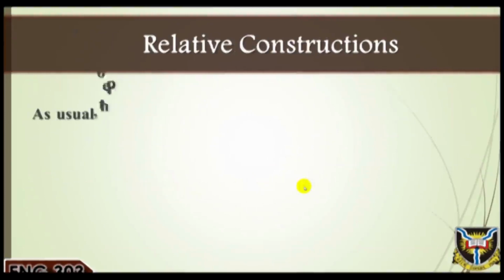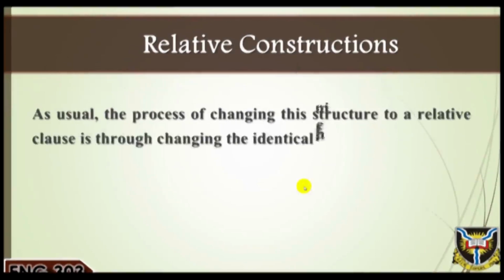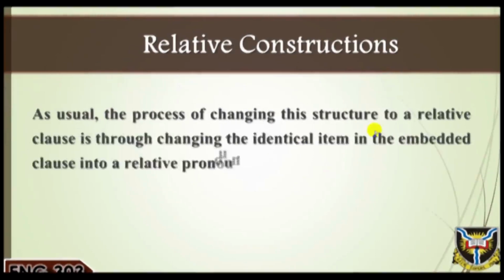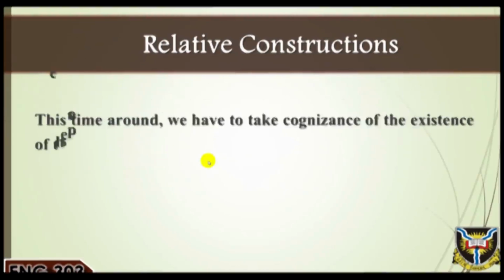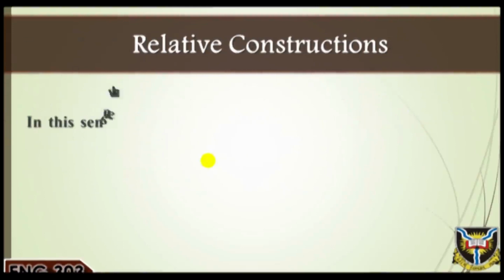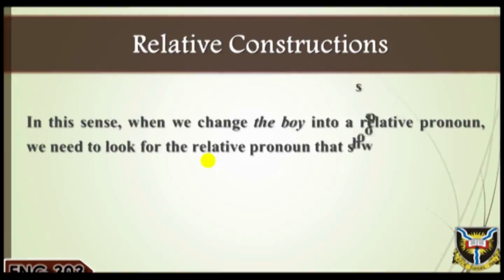As usual, the process of changing this structure to a relative clause is through changing the identical item in the embedded clause into a relative pronoun. This time around, we have to take cognizance of the existence of the possessive element. In this sense, when we change the boy into a relative pronoun, we need to look for the relative pronoun that shows possession.